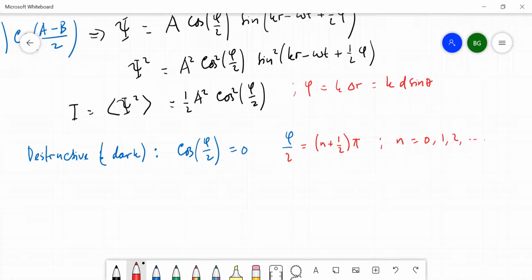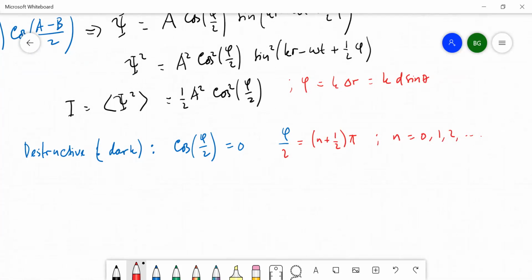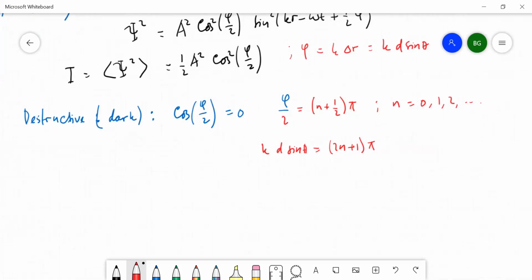So because this v here is equal to this one, I get that k d sin theta equals (2n plus 1) pi. Let's just make this (n plus half) pi, this is 2, because this is 2 pi over lambda.